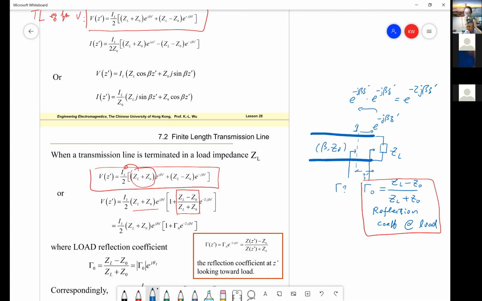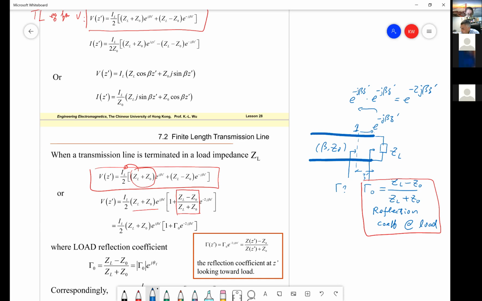So that means if you have an ideal wave with magnitude equal to 1, after you travel this distance and this distance back, once the wave 1 reaches here, that equals this.